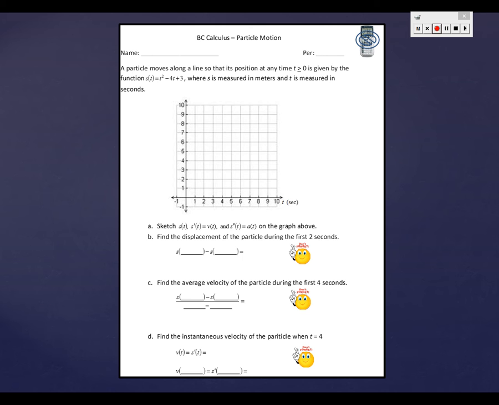If you have 3 colors in your arsenal, you might graph these 3 functions on this grid in the 3 different colors you have. Does anyone have 3 colors?